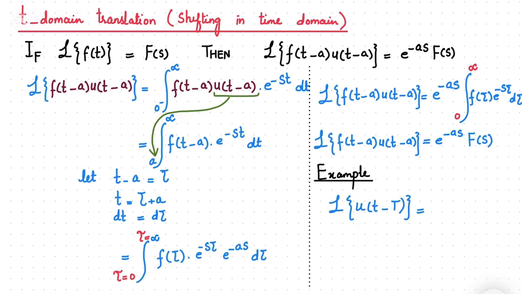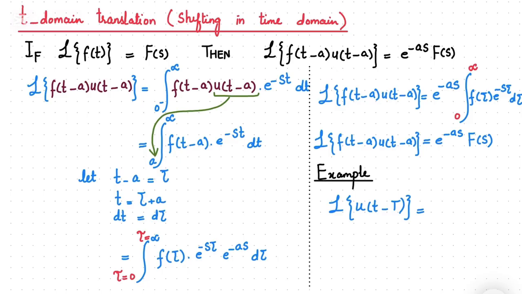Secondly, the limits of integration. Because here we have dt as the parameter of integration and here we have d tau, the limits in this equation were in the form of t, where t was varying from a to infinity, whereas now we need to replace the limits in terms of tau.